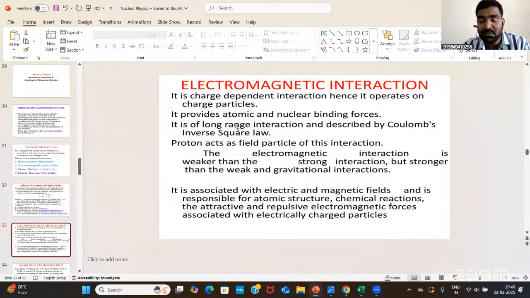We have seen Coulomb's inverse square law.